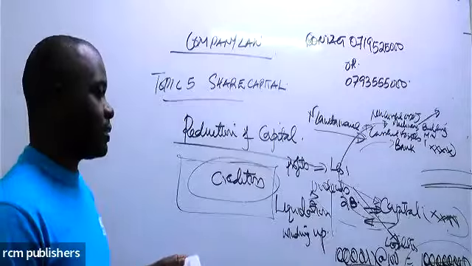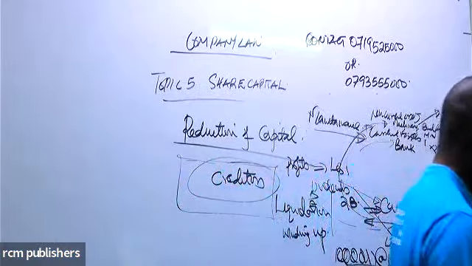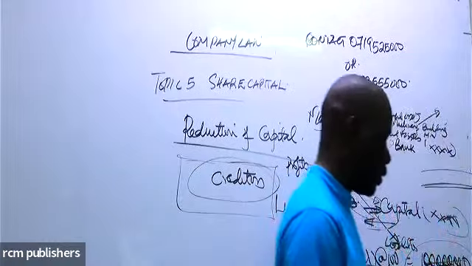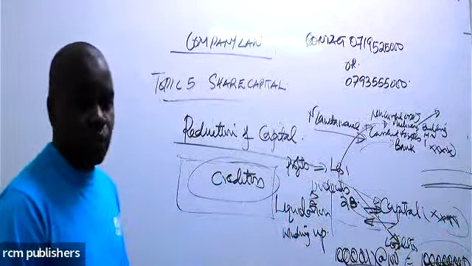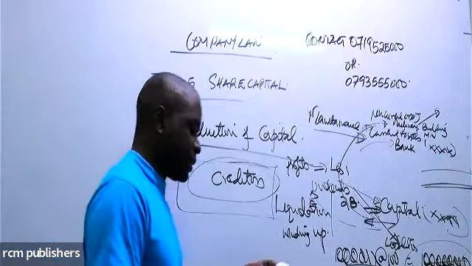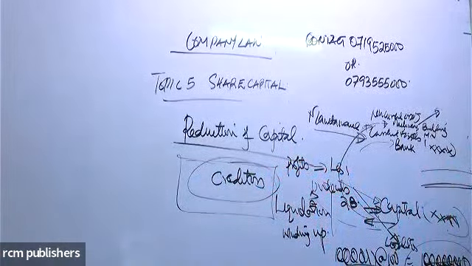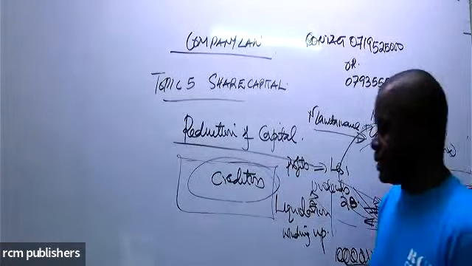So the emphasis regarding maintenance of share capital is laid down in the famous case law we call Trevor versus Whitworth. The rule under this case law simply states that a company cannot purchase or finance the purchase of its own shares. So there are two things here.